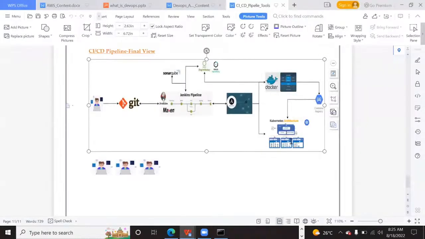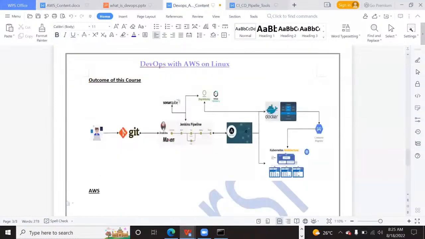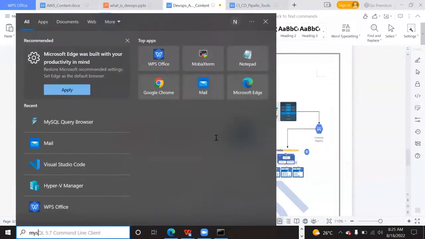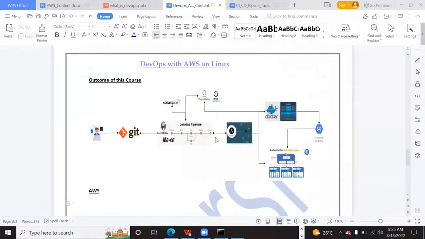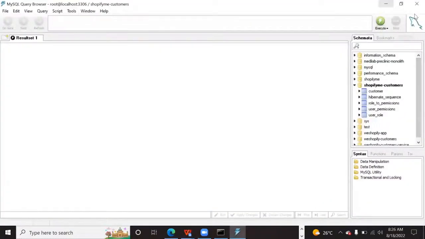In my laptop, I have the application, and I have installed the database called MySQL, which is used by that application. Just let me log in. So this is the database I'm now using. This database is in my computer. You cannot access it, isn't it?